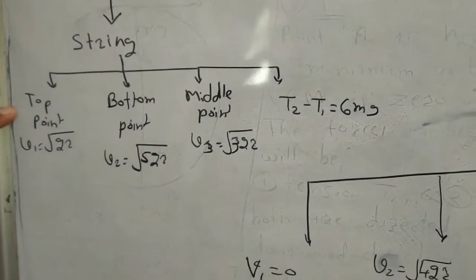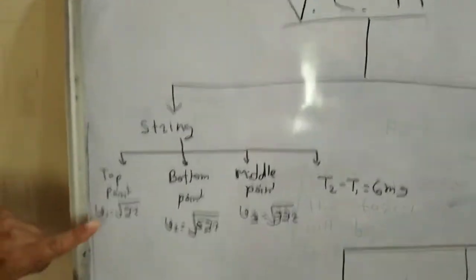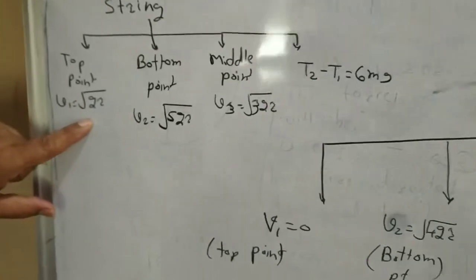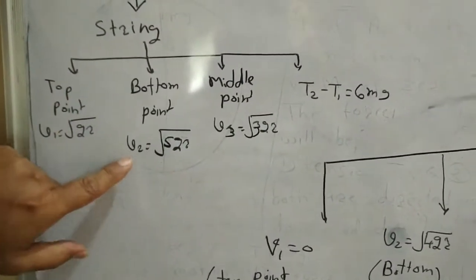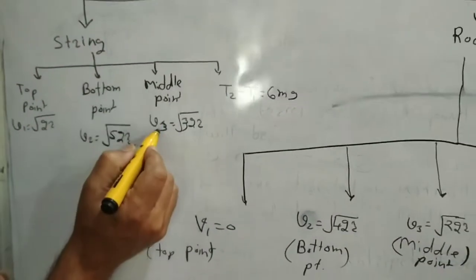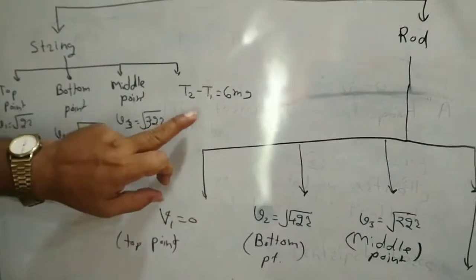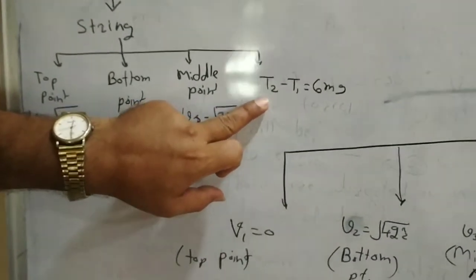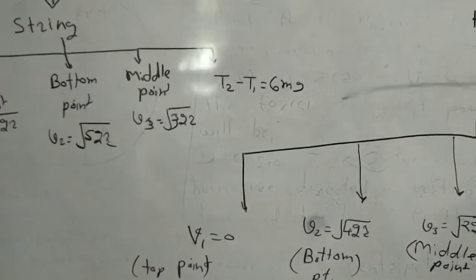At the topmost point, the velocity of the body in case of string is V1 is equal to under root gr. At the bottom point, for string, V2 is equal to under root 5gr. At the middle point, V3 is equal to under root 3gr, and the difference between tension at the bottom point and topmost point, T2 minus T1, is equal to 6mg.